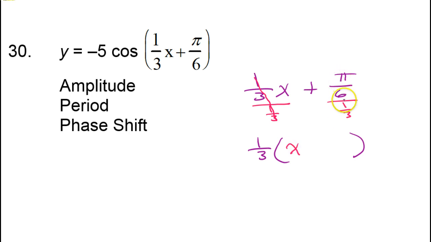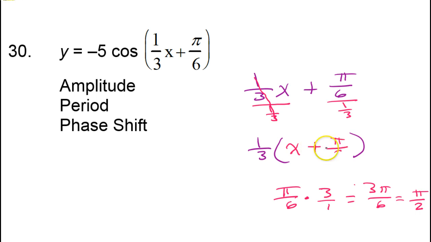So I've got pi over 6 divided by 1/3. Well, dividing by 1/3 is the same thing as multiplying by 3. You multiply by the reciprocal. So this is like having 3 pi over 6. 3 goes into 6 twice, so this is pi over 2. So I will have x plus pi over 2.